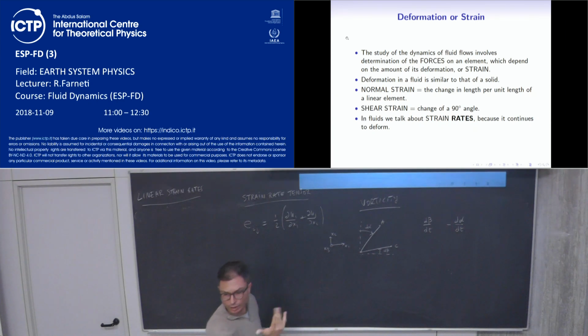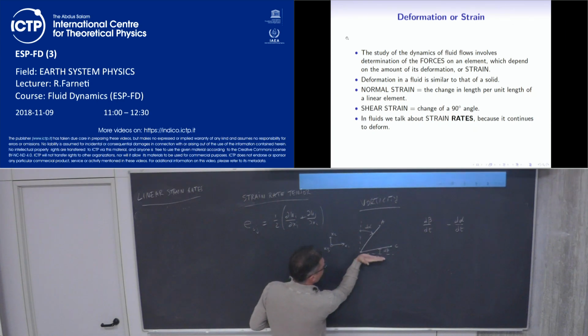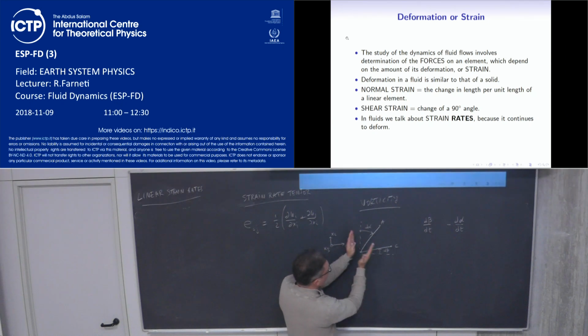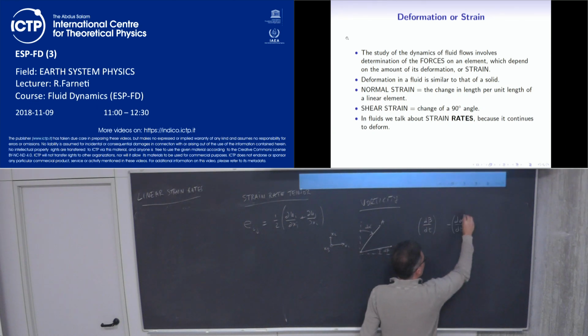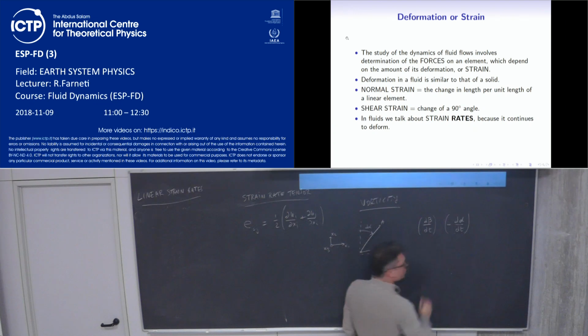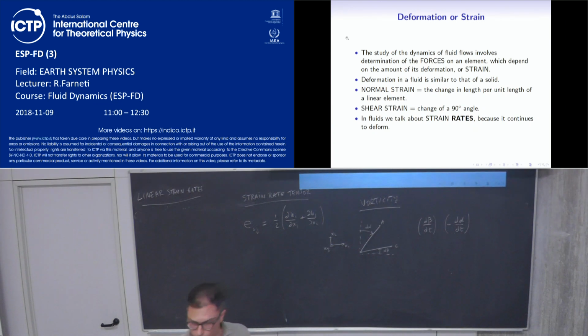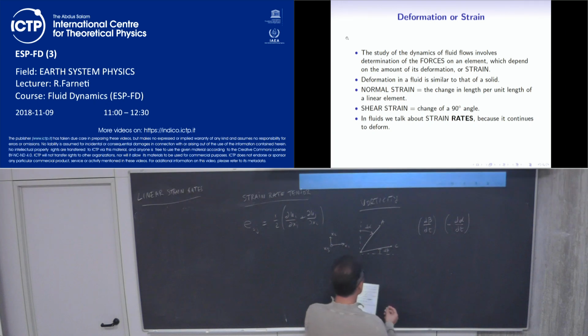Okay, you know the right-hand rule. So in this convention and in this example, d beta is positive, growing in this direction, and d alpha is negative around the axis 3. Okay. So the angular velocity that this element of fluid is acquiring has two components, d beta and minus d alpha. So you have to take into account both changes to get the rotation. So you take the average of these two components of the angular velocity.